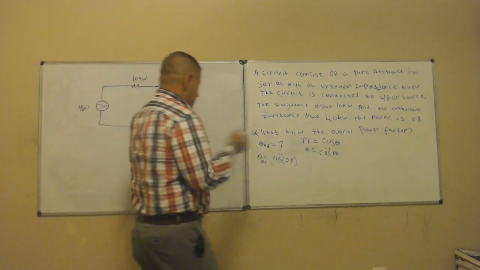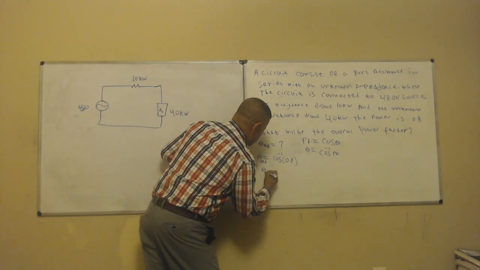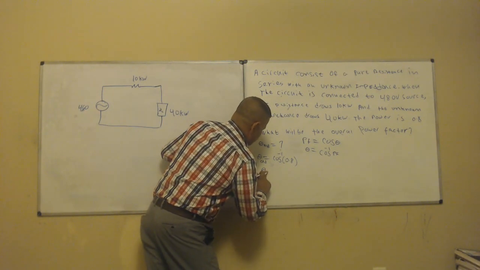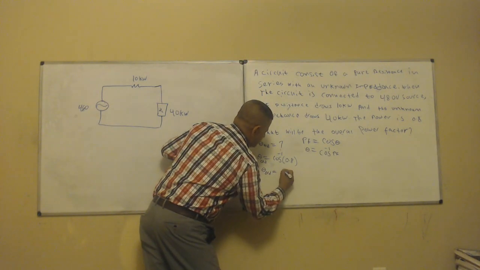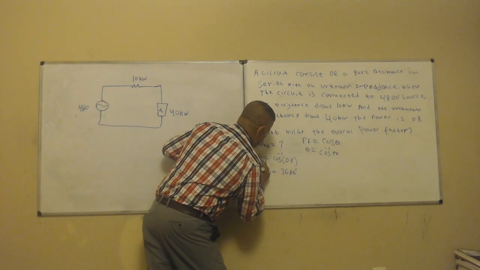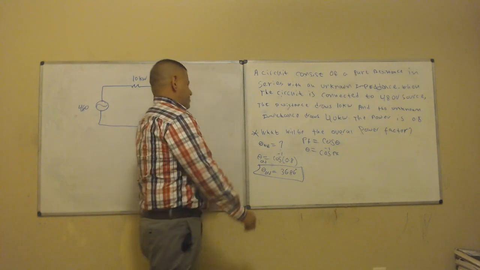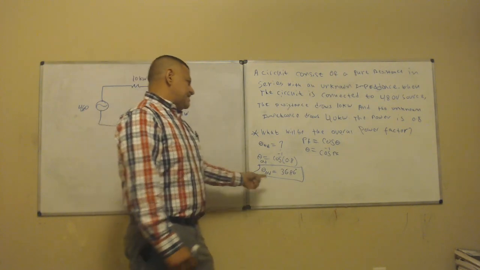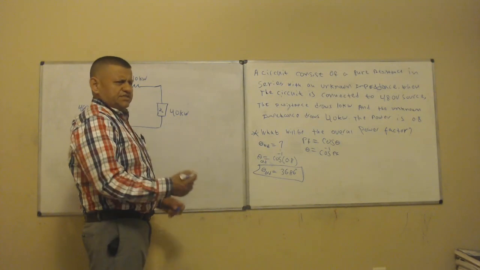So theta old is equal to 36.86 degrees, right? Now that is my theta old, and I can use it to calculate other stuff, isn't it?